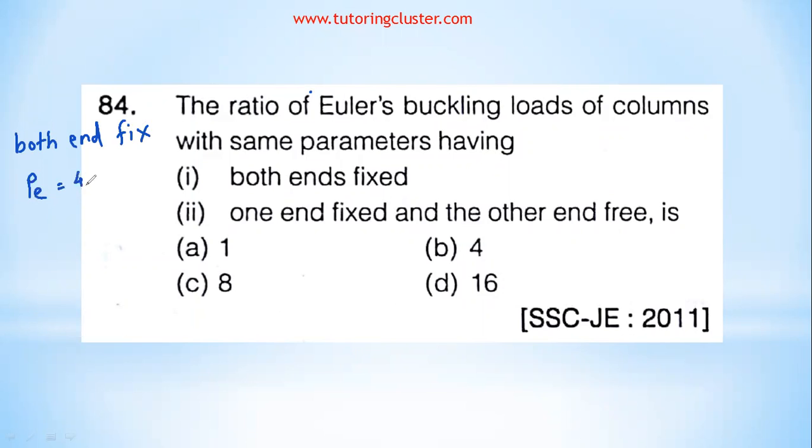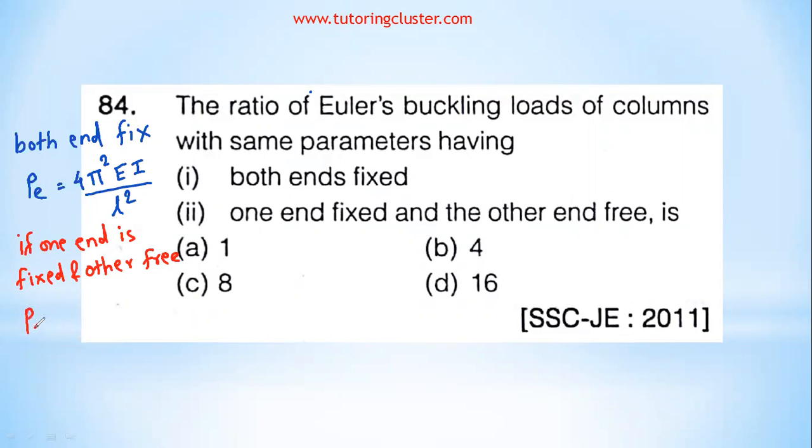It is equal to 4 pi square EI upon L square. Next, if one end is fixed and the other is free, at that time how is the crippling load given? It is equal to pi square EI divided by 4L square.